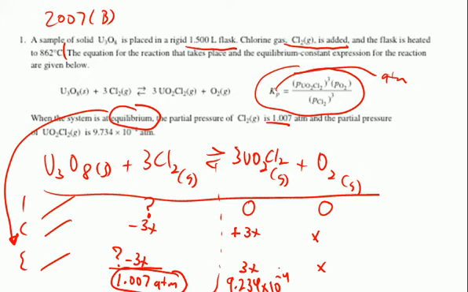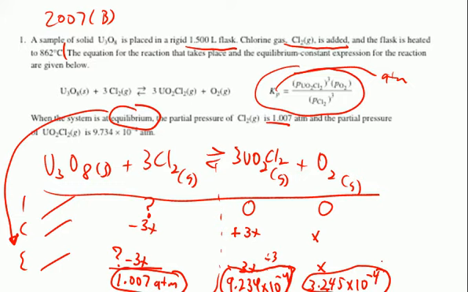Using stoichiometry, or common sense, the pressure of O2 is that value divided by 3, which ends up being 3.245 times 10 to the negative fourth. So we got our values.